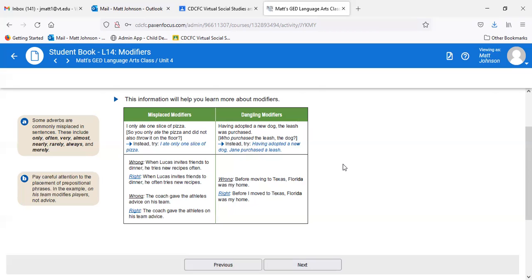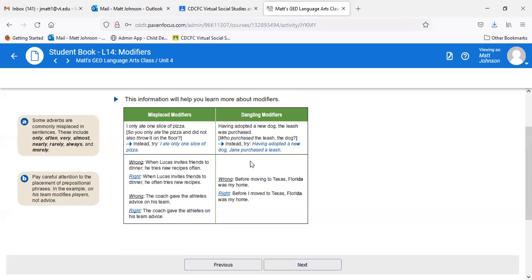Again, incorrect would be, the coach gave the athletes advice on his team. That makes it sound like it's the coach's team and not his team that he's giving advice to. So correcting that, you say the coach gave the athletes on his team advice. Because the other way sounds like he's part of the team rather than the coach of his team.